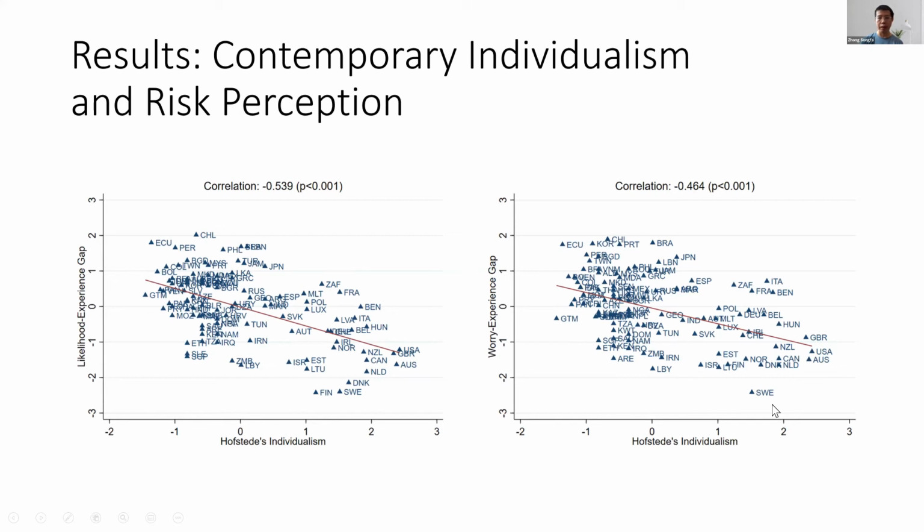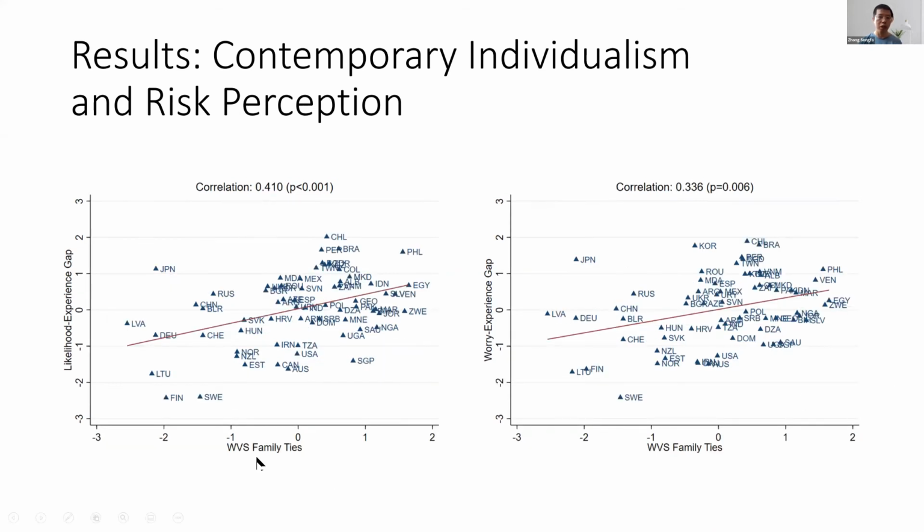And so this is based on the Hofstede individualism measure. When we use an alternative measure from the World Values Survey, Fermi tie, we can see a similar pattern. So when the Fermi tie is stronger, so when the x-axis number gets bigger, then the likelihood experience gap also gets bigger, and similarly for the worry experience gap.